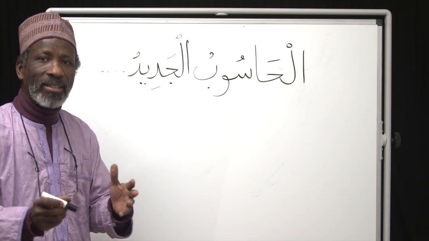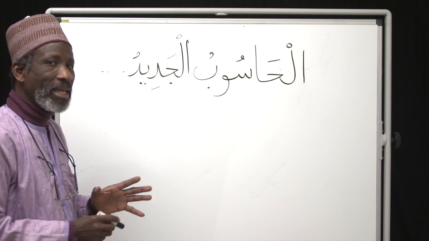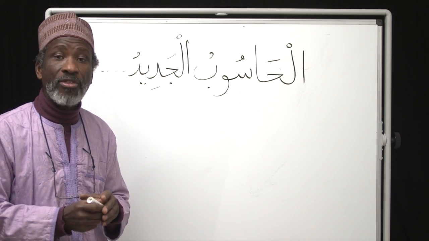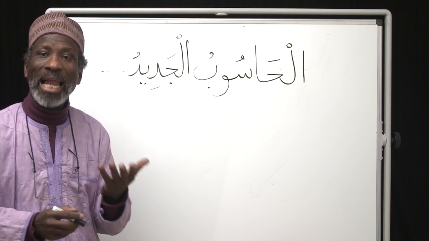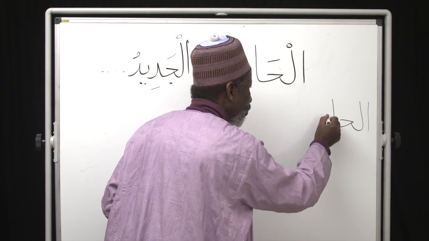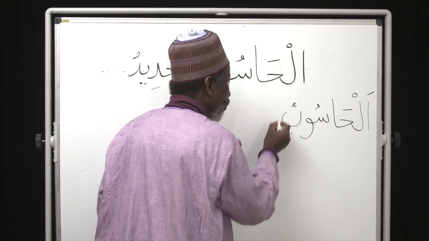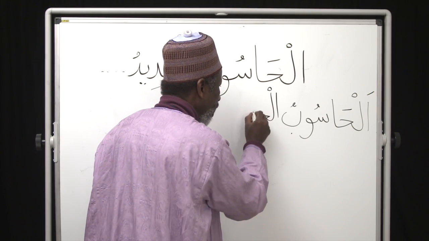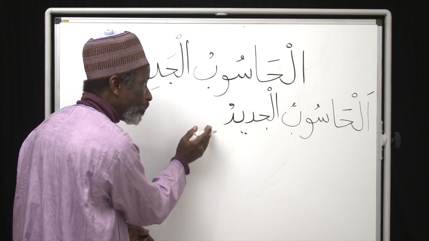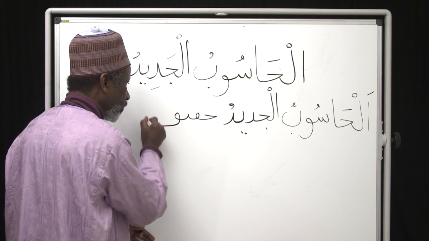Now let's extend this a little bit. We've done al-hasubul jadidu. Let's imagine you want to complete this sentence, to say, for instance, the new computer is light. So we'll say al-hasubu al-jadidu, then we drop the al, we say khafifun.